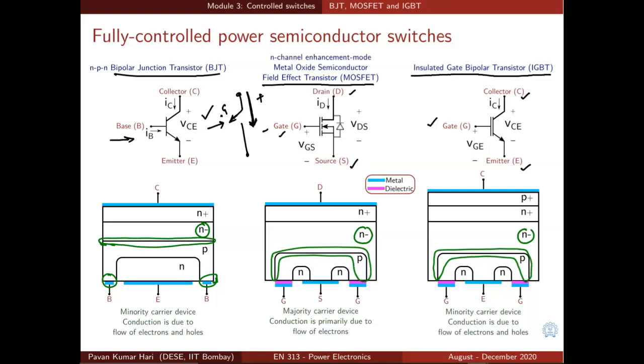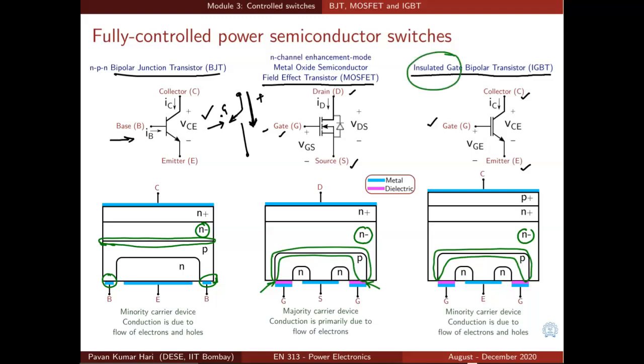Whereas in MOSFET and IGBT, the control terminal, which is gate, is not electrically connected through a metallic contact to the semiconductor block. In fact, there is a dielectric material which is usually the oxide. That is why this name metal oxide semiconductor. So silicon dioxide is one of the dielectrics that is used.